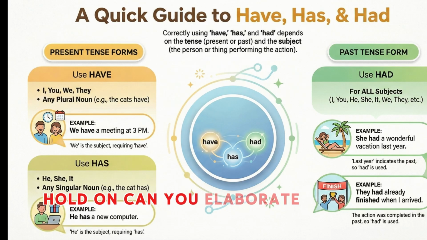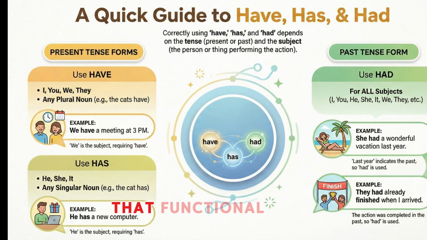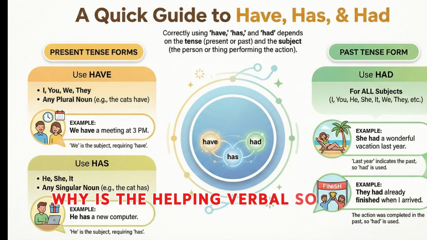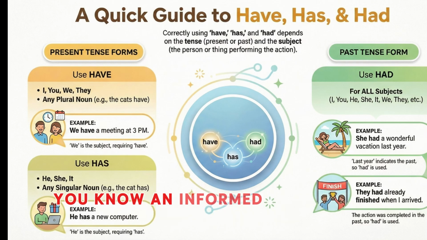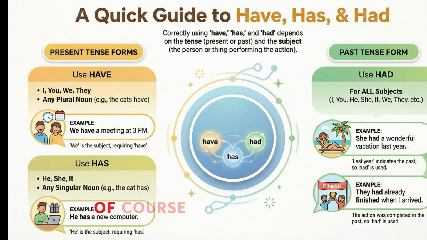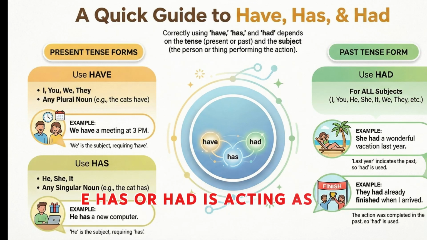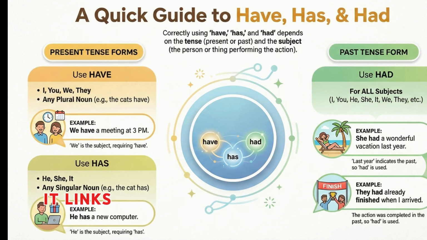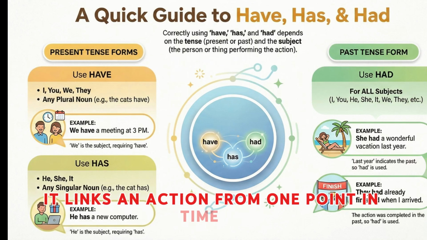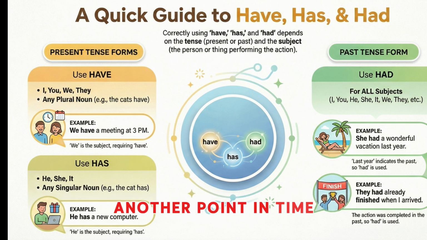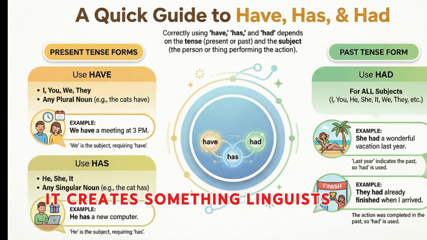Can you elaborate on that functional shift? Why is the helping verb role so much more critical for an informed speaker to grasp? Of course. When have, has, or had is acting as an auxiliary, it links an action from one point in time to another point in time. It creates something linguists call aspect.